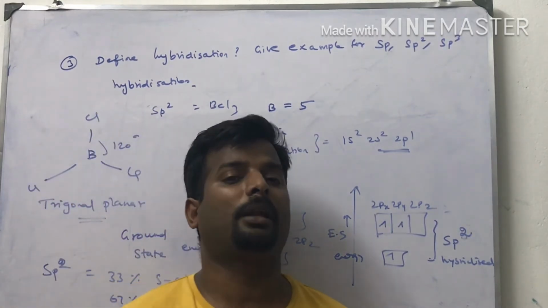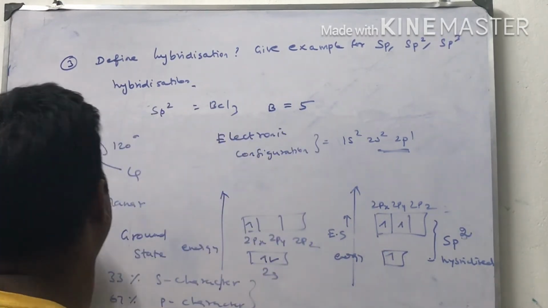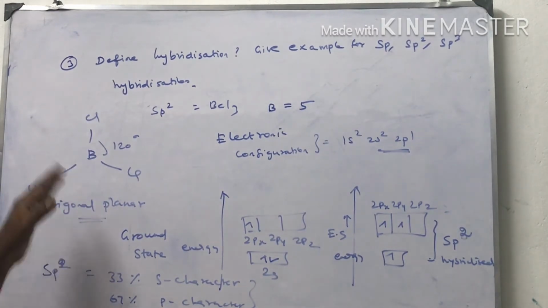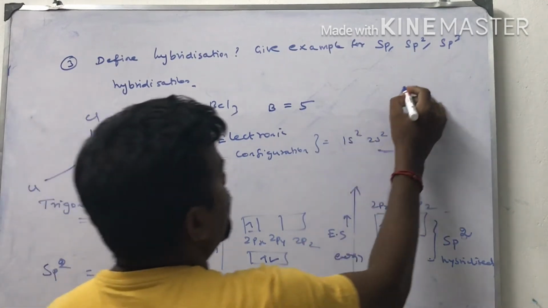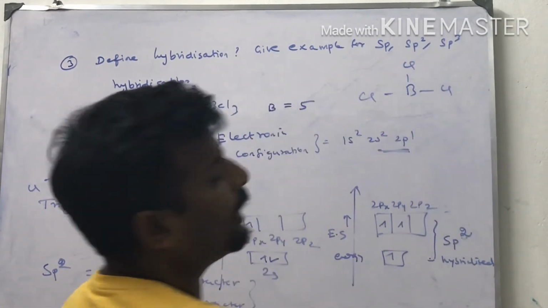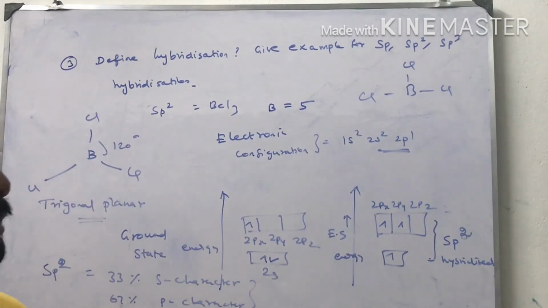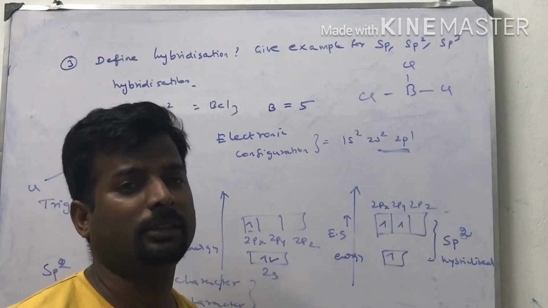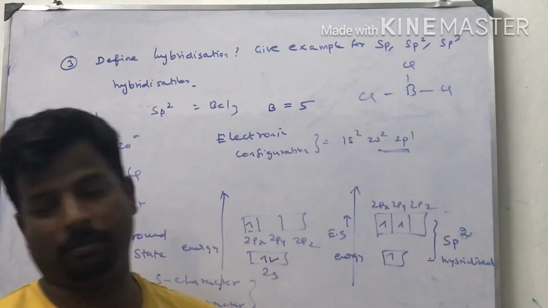This is the stable geometry of boron trichloride. If the structure is different, like this, the repulsion is maximum and the stability of the molecule will decrease. Therefore, that structure is not possible.